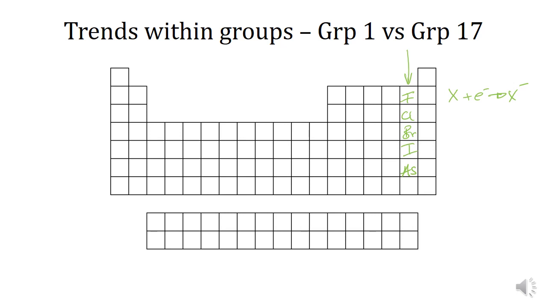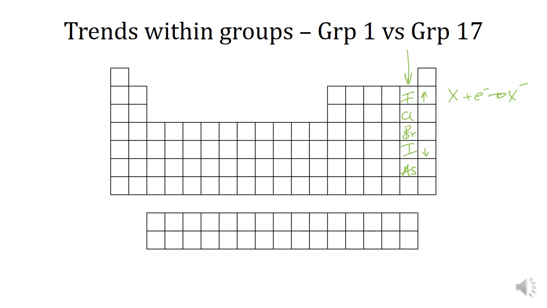In the context of everything we've just been discussing, electron affinity decreases as you move down this group. So fluorine is going to be much more reactive than something like iodine, because those outer shell electrons are closer in, which means it's better able to attract an electron into that outer shell.